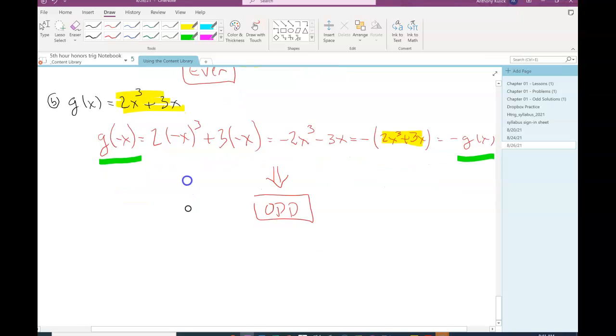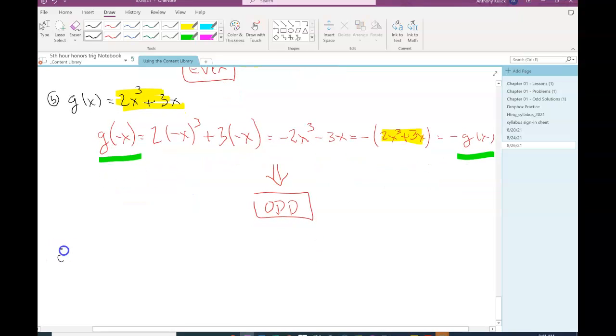So let's look at one more example where we get a neither. And then we'll ask some higher level questions about what's going on, because there are some good observations that we can make here that, knowing what you're looking for, make this a lot easier. I'll show you how to do this basically on sight.